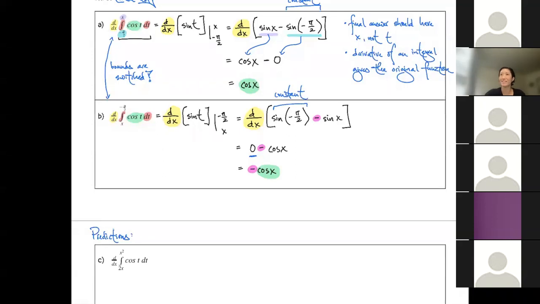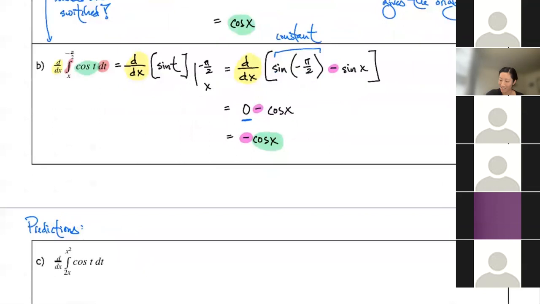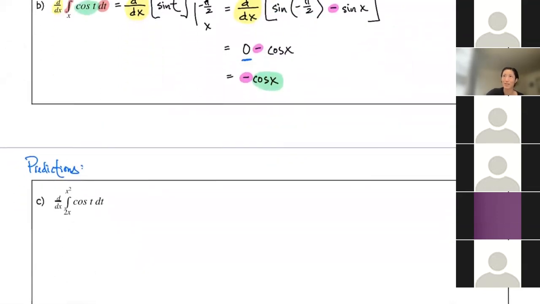All right, let's take maybe another 30 seconds and type in your thoughts. All right, so we've got a few predictions here.